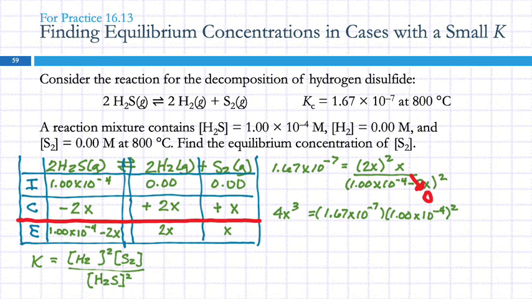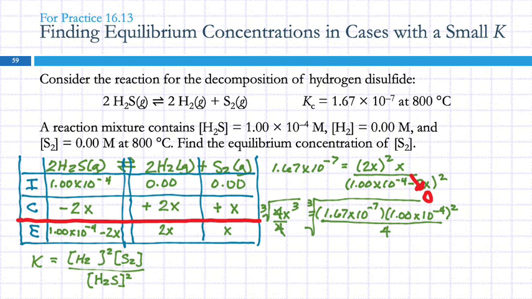So I could divide that by 4. So the 4's go away. And then I'm going to take the cube root to make the x cubed go away. Again, if you don't like algebra, you can simplify here and plug it into the solver, or you can just plug the whole thing into the solver.